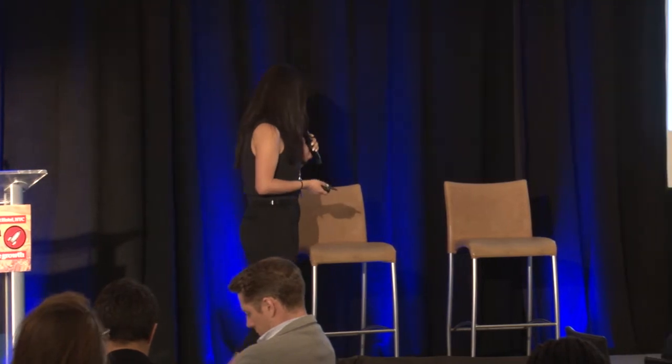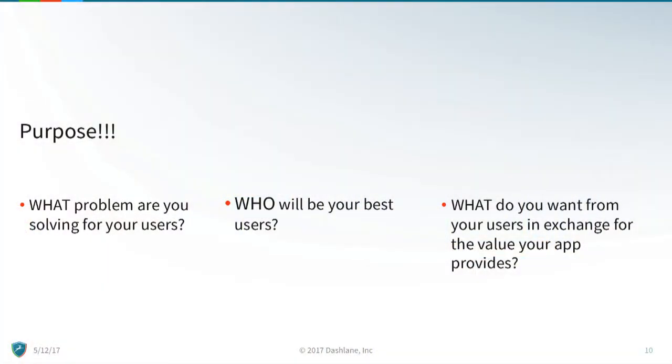So what it boils down to, 3 components to your purpose. This is definitely not new knowledge here. So the first one is, what's the problem you're trying to solve, right? And then the second is, who will be your best users? So I hope once you already have an app, even though it's a niche category, you probably should already figure this out.